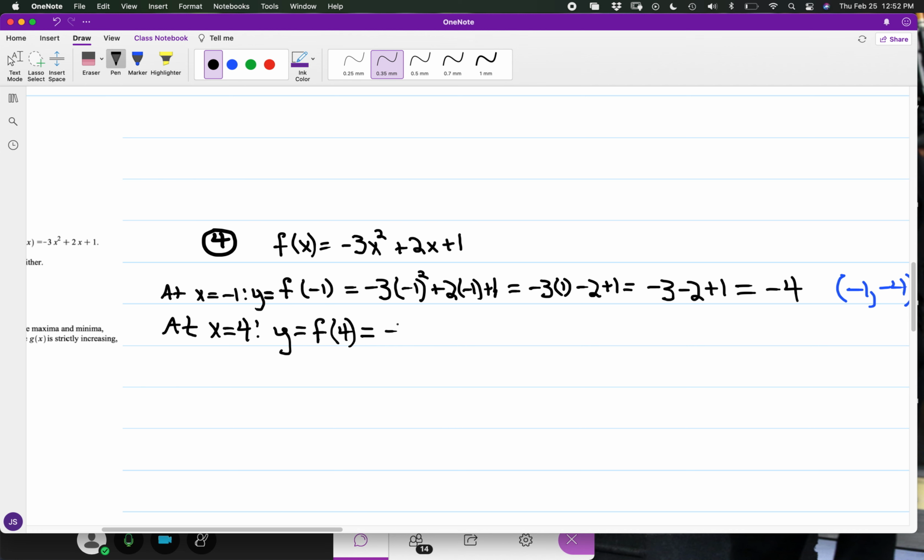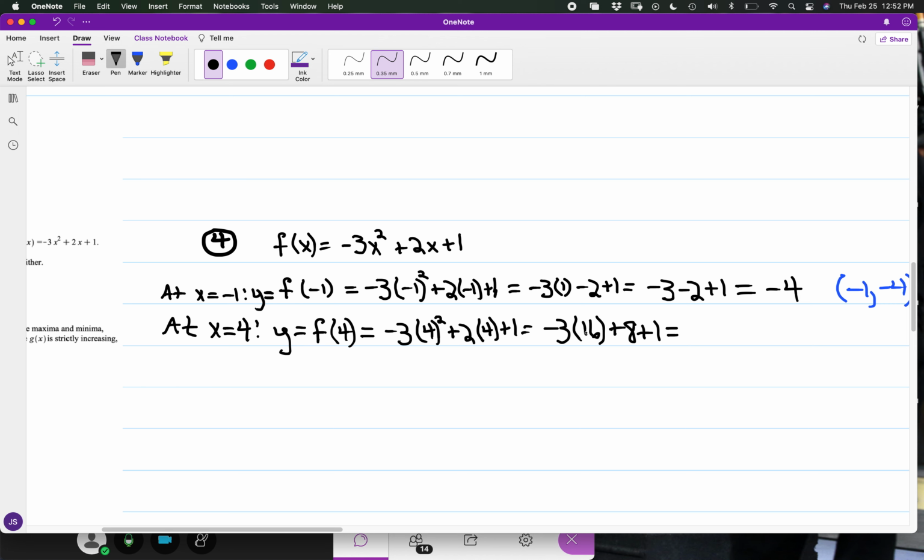So we have -3 times the square of 4 plus 2 times 4 plus 1. Now 4 squared is 16, and we're going to multiply that by -3. Now for 2 times 4, that is 8, and we have plus 1.